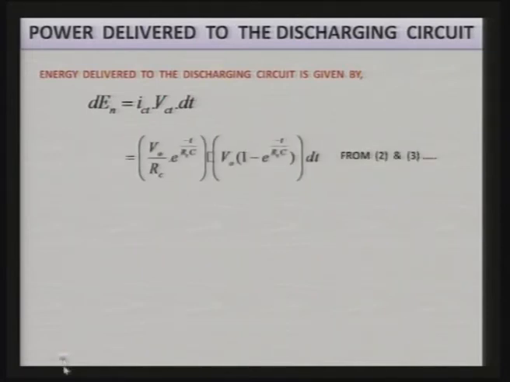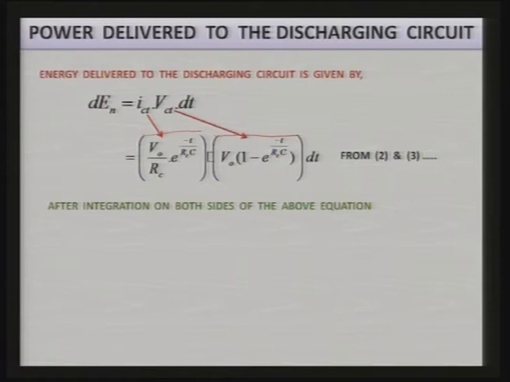If we substitute the value of I_c(t) and V_c(t) from the previous slides, then you will get V_0 over R_c e raised to power minus t over R_c C multiplied by V_0 (1 - e raised to power minus t over R_c C) into dt, that you can obtain from equations 2 and 3. So, this is the value of I_c(t), and this is the value of V_c(t).